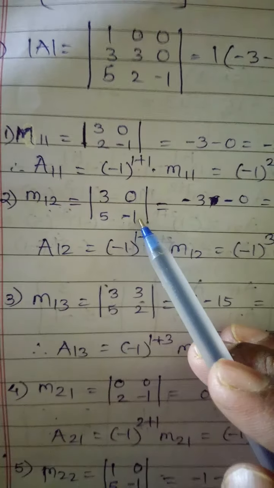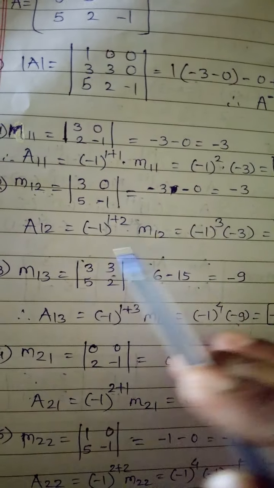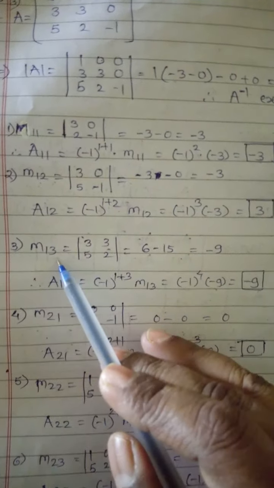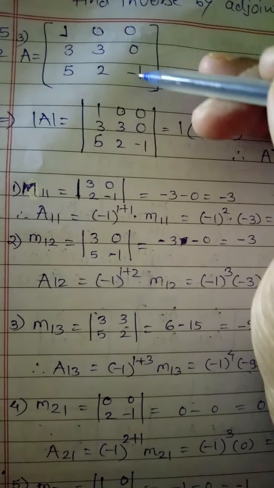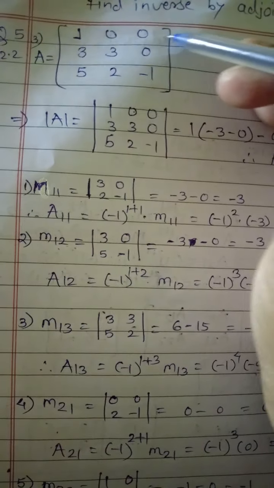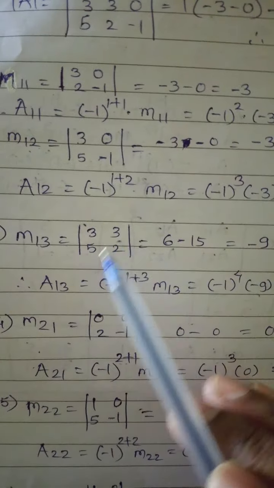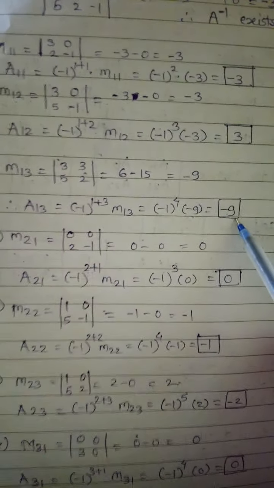Taking the cross product and opening the determinant, you will get -3, and you know how to find the cofactor. Similarly for M13, the position is here; put a vertical line and a horizontal line, and you will get 3, 3, 5, 2. Now find M13, and you know how to find the cofactor.